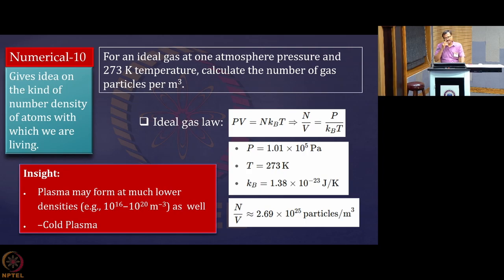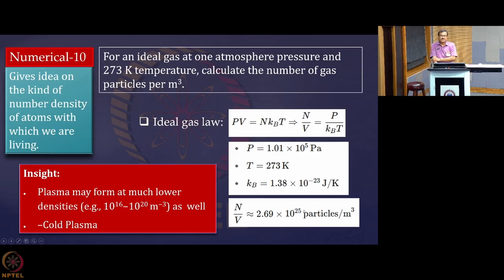The factor you can calculate, but the order of the number density can be told without much time. Okay, so you just calculate it exactly, P by kT, and you get that it is around 2.69 times 10 to the power 25 particles per meter cube.